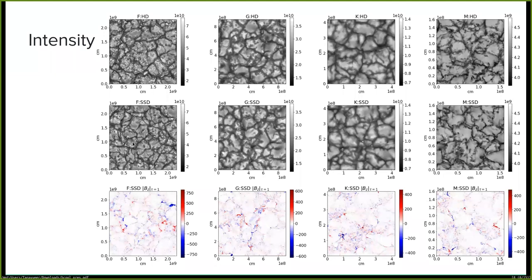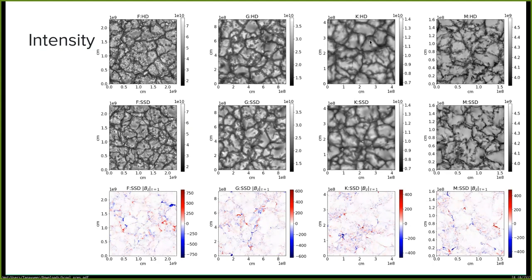In fact, for the G star, you start getting bright points which correspond to concentrations of magnetic fields. And well, this is a known result, but it's nice to see that getting verified in my simulations as well.